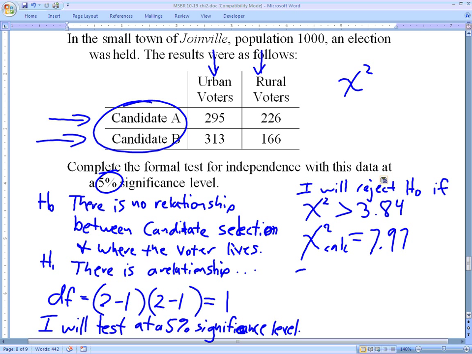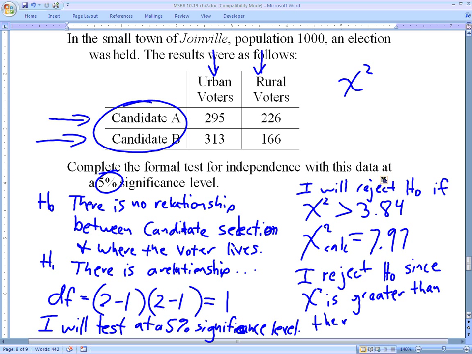So therefore, I reject my null hypothesis, since my chi-squared value is greater than the critical value of 3.84.